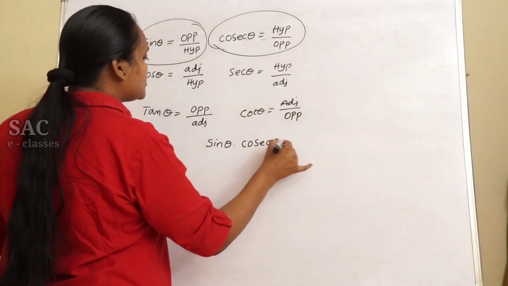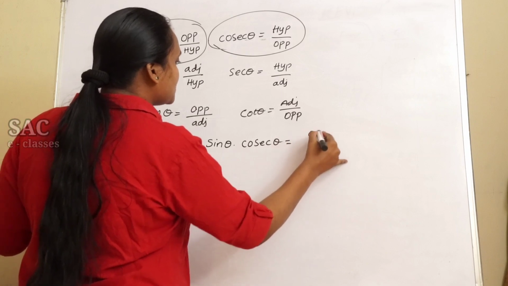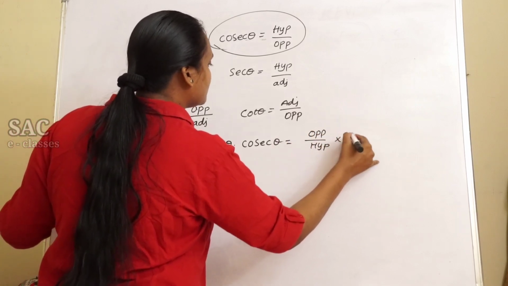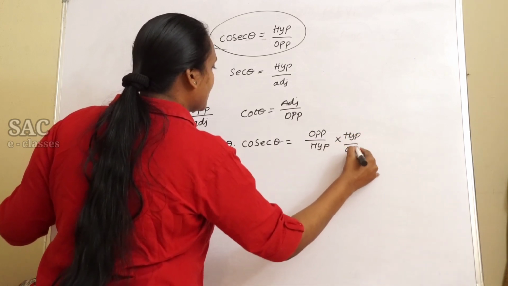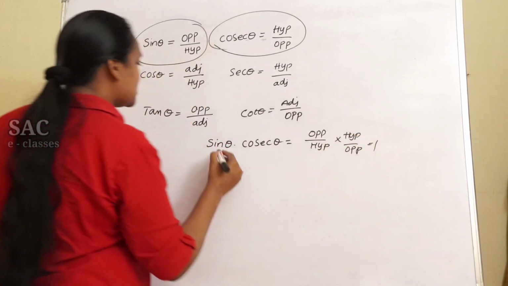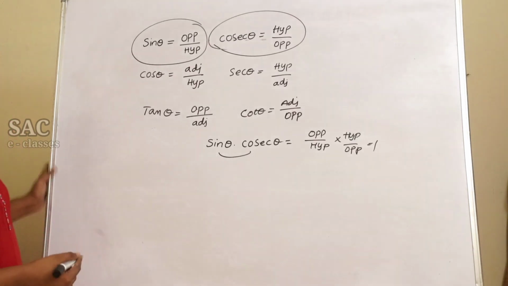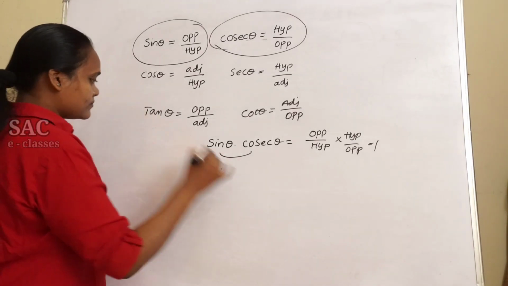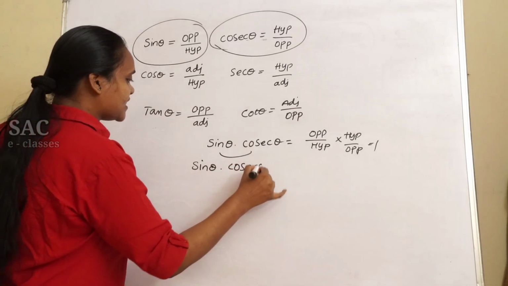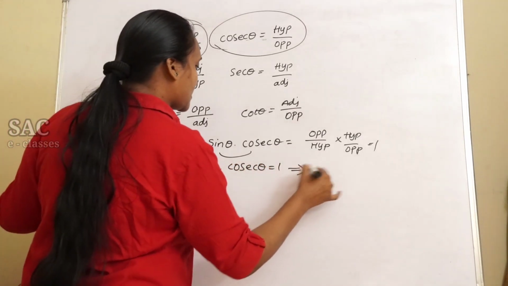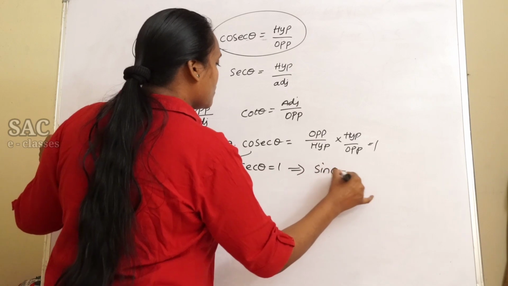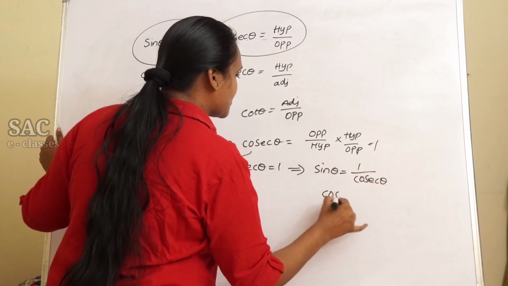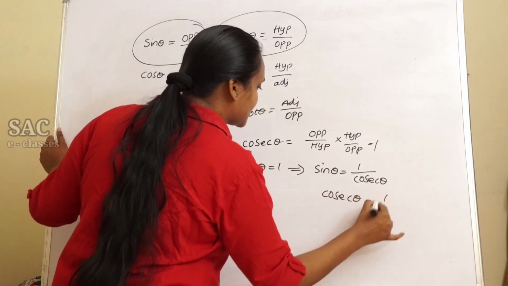Sin theta into cosecant theta, that means opposite by hypotenuse into hypotenuse by opposite, gets cancelled and gives 1. These two are called reciprocal ratios. Sin theta into cosecant theta equals 1. So you can write sin theta equals 1 by cosecant theta, where cosecant theta is equal to 1 by sin theta.